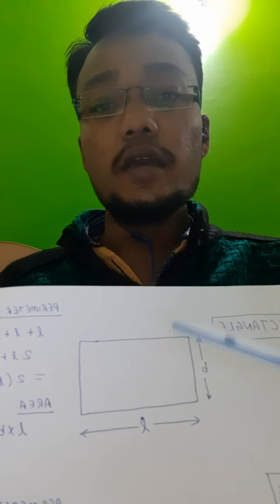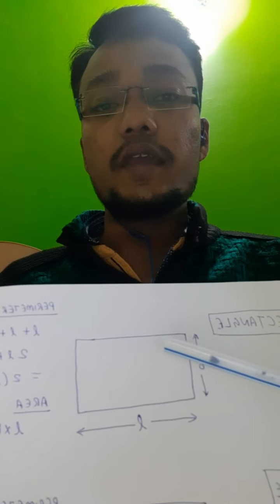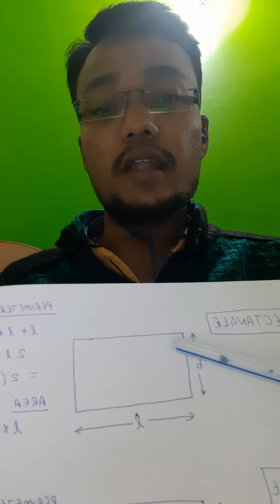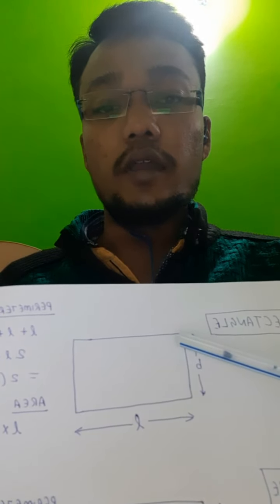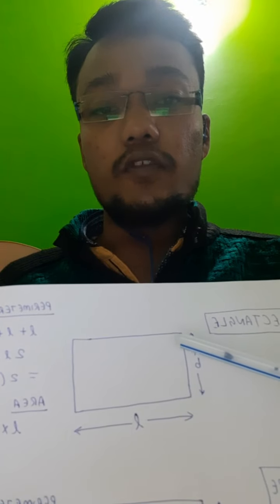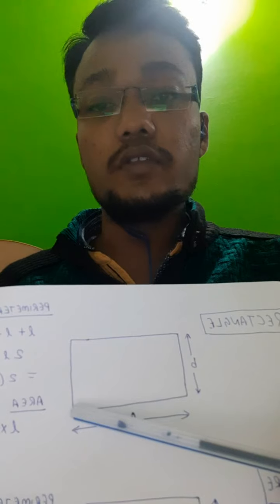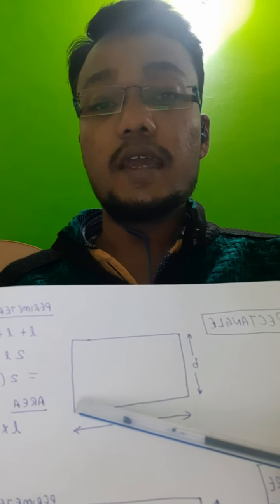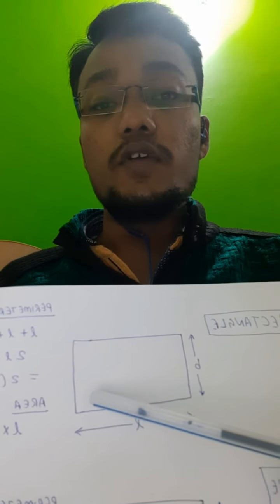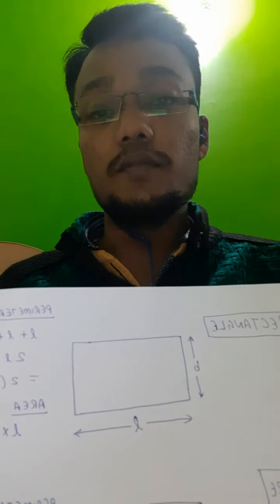Coming to the area of this rectangle, we can divide it into two halves by drawing a diagonal from one of its vertices to the exactly opposite vertex. It can be divided into two halves, which makes two triangles.